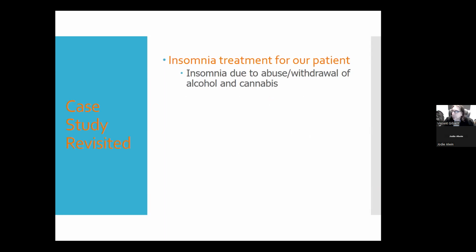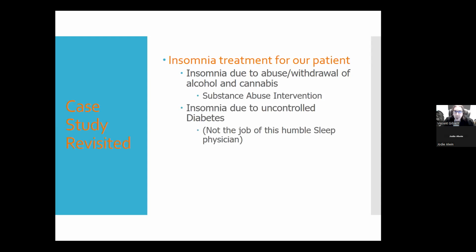For her insomnia due to abuse, withdrawal of alcohol and cannabis, she's still abstinent from alcohol. She's still using THC and CBD. We're working on that. That can be very hard. Insomnia due to her uncontrolled diabetes, not my job, but I'm trying to confine her to one good internist that I know who can tolerate this complex and hard to manage patient in order to get her to change some of her habits and maybe get on some medications for diabetes.